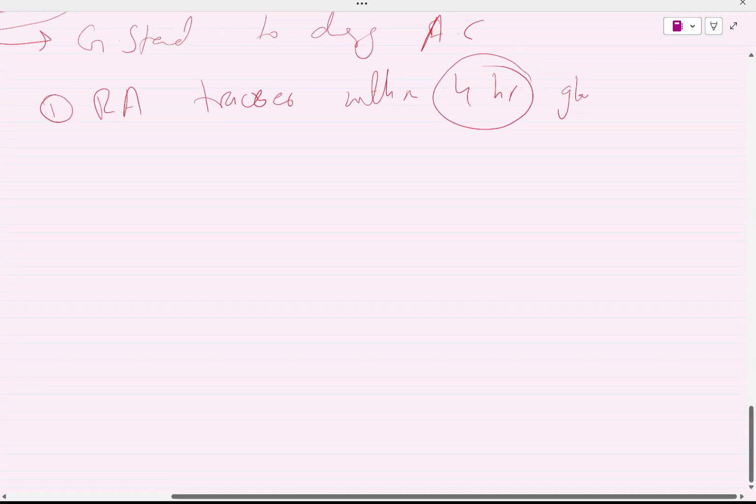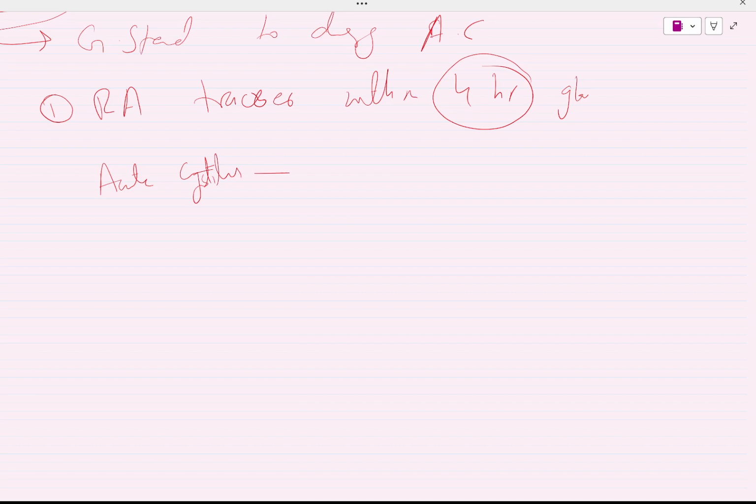If a patient of acute cholecystitis comes to you and you give a radioactive tracer, in acute cholecystitis the gallbladder is not visualized.